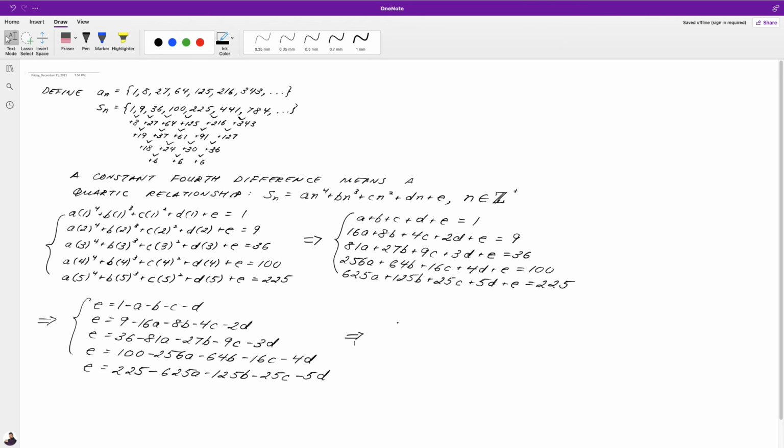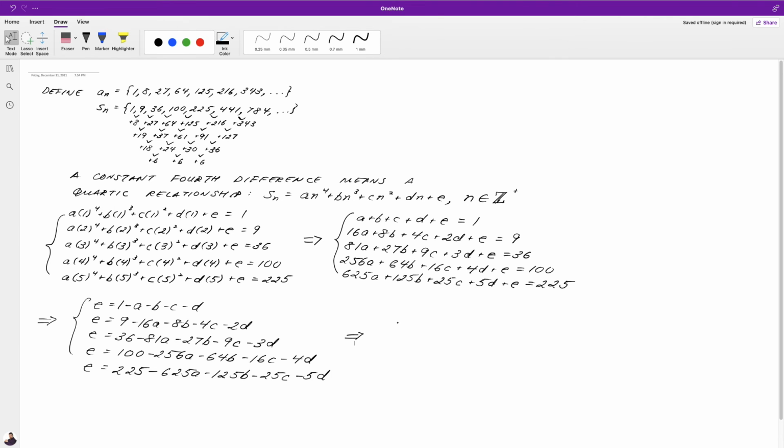Let's quickly give that a run through, making sure that we have committed no careless errors. Okay, second equation looks good. Third equation looks good. Fourth equation looks good. And then fifth equation also looks good. All right, so as promised, we're going to eliminate e entirely.